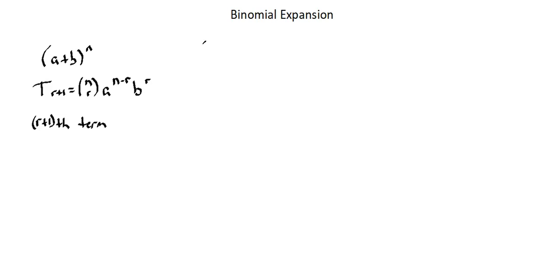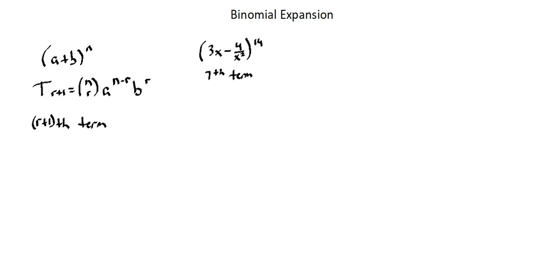Our first binomial, (3x minus 4 over x squared) to the power of 14, and we want the 7th term of the expansion.